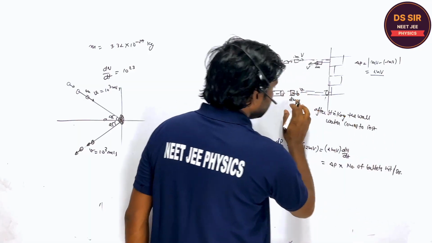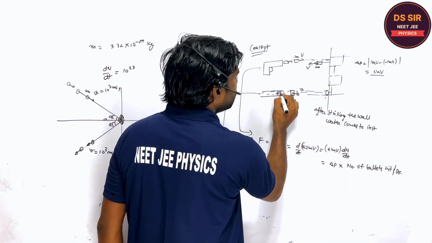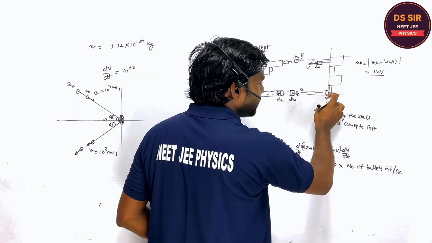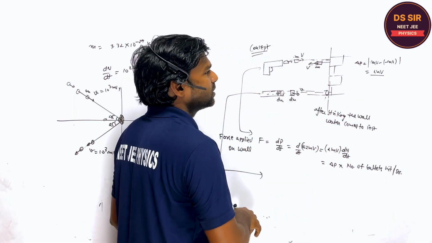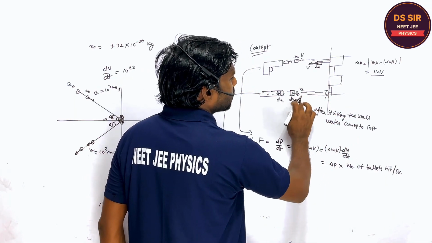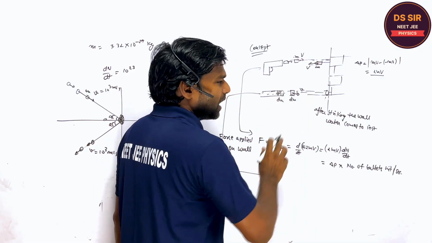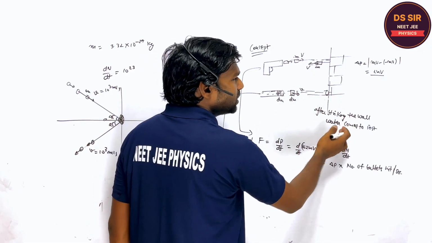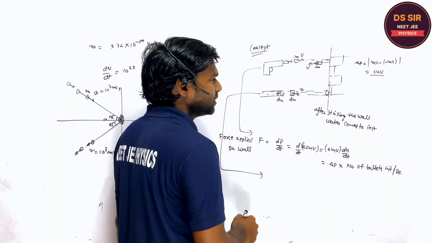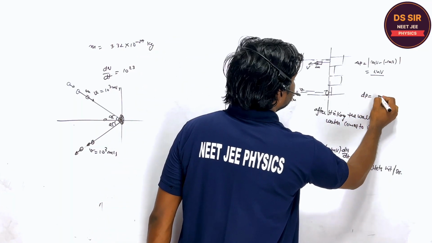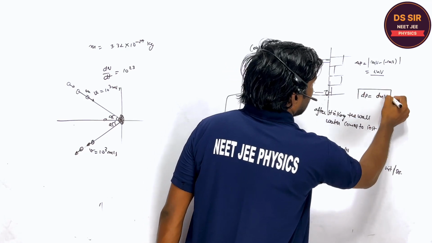So if you consider the dm mass, suppose this is the dm mass, moving with the speed v, it strikes and comes to rest. So before collision, what is the momentum? Say dm into v. After collision, when it comes to rest, what is the momentum? Say 0. So what is the change in momentum? The change in momentum is equal to dm into v. Are you getting or not?